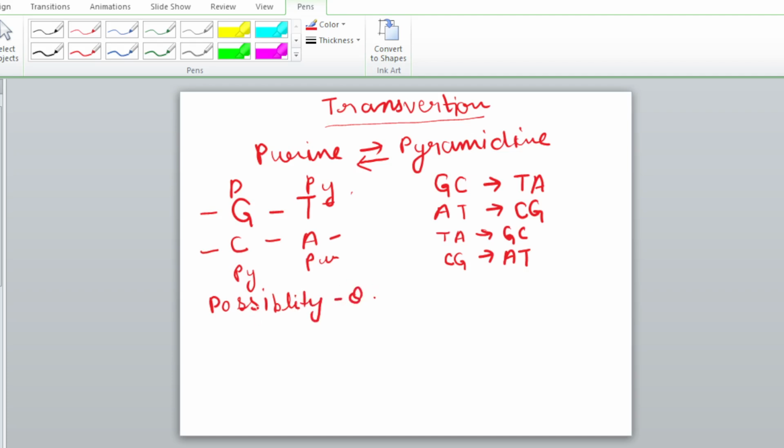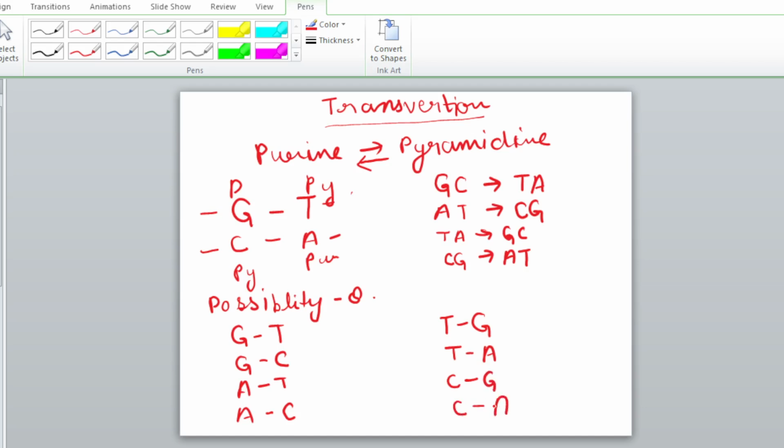Eight possibilities are present, like G changed into T, G changed into C, A changed into T, A changed into C, and T changed into G, T changed into A, C changed into G, and C changed into A.